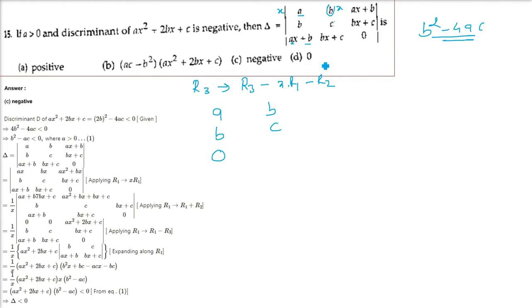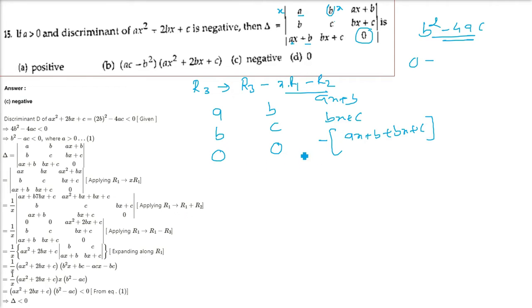Right? The second one is also like this only: bx plus c minus bx minus c. And since we have a 0 here, the two elements of the last column will come as negative, because it will be 0 minus ax plus b minus bx plus c. So I'm just writing it like this, minus ax plus b plus bx plus c.